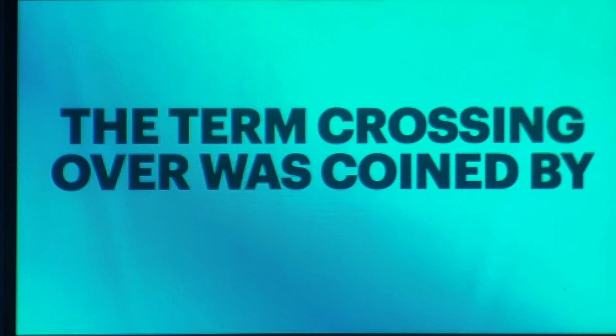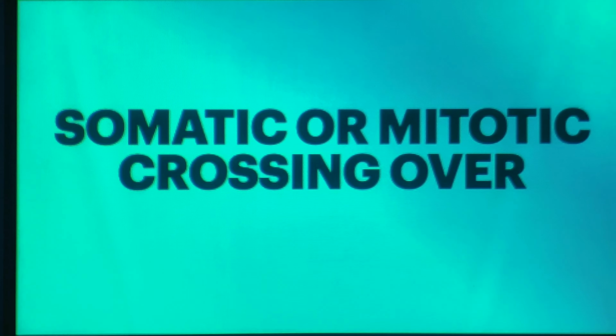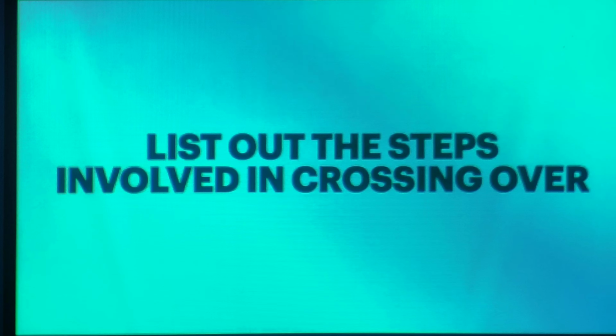The type of crossing over occurs in germinal cells during gametogenesis is called meiotic or germinal crossing over. Rarely crossing over occurs in somatic cells during mitosis. It is called somatic or mitotic crossing over.